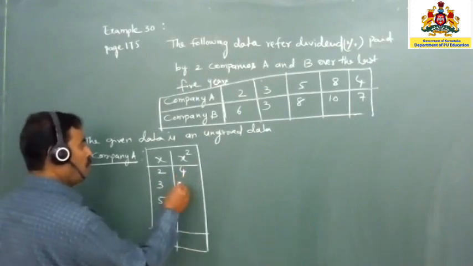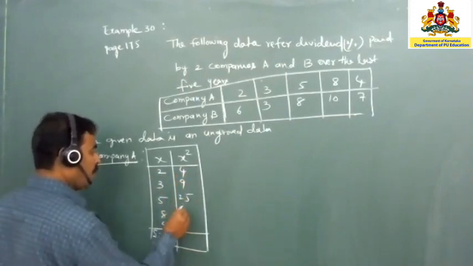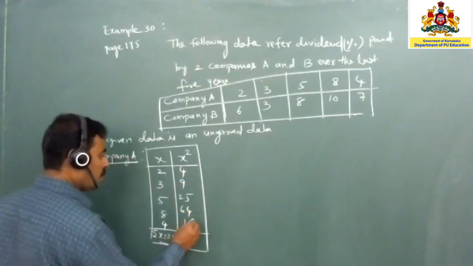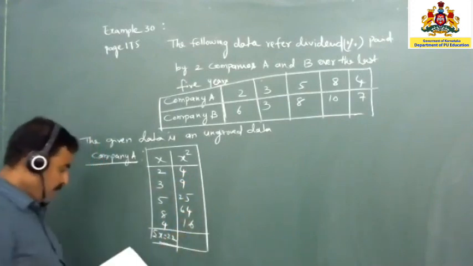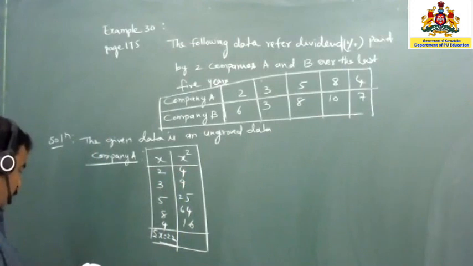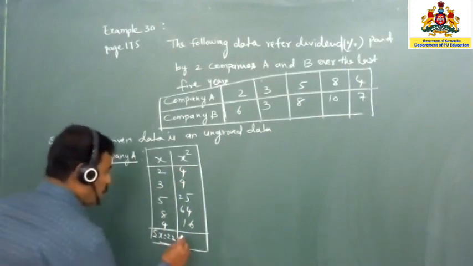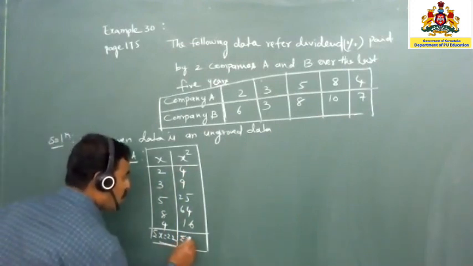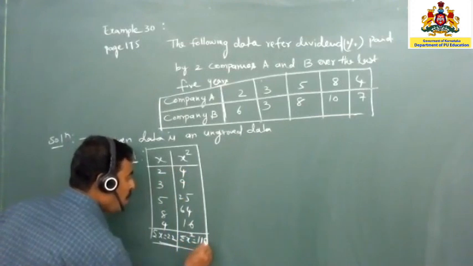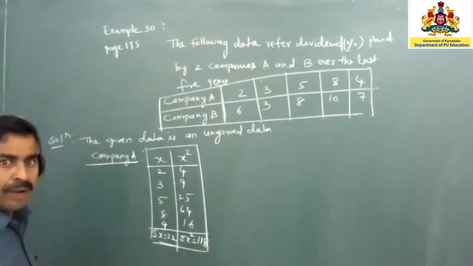x square: 4, 9, 25, 64, 16. Total is 118. Summation x square equals 118.